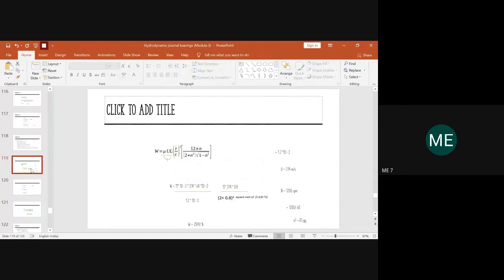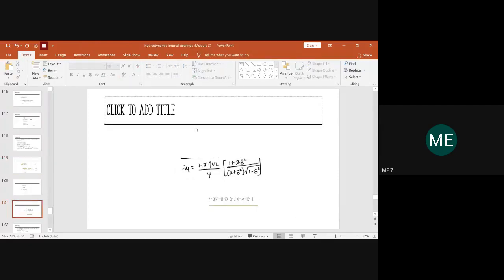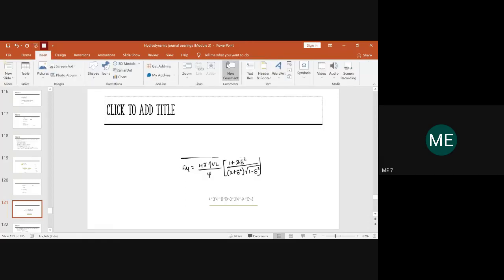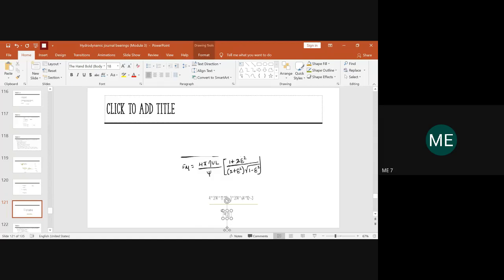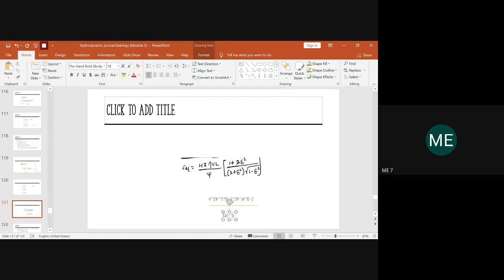So what was the diametrical clearance ratio? It is 1.2 into 10 raised to -3. So one part we have written.